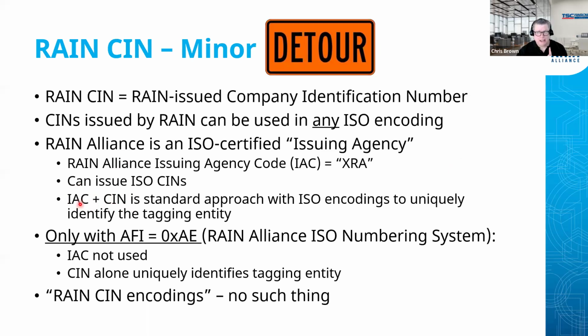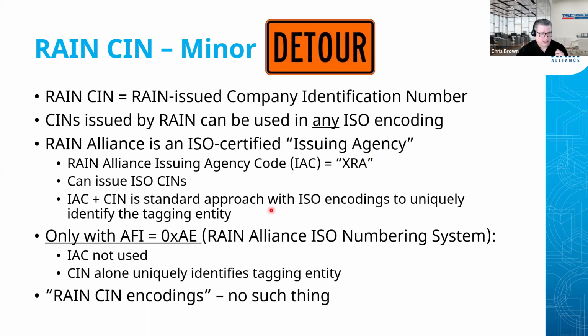But with the RAIN Alliance ISO numbering system, we have a bit of an exception. You do not need to put in the IAC for RAIN. By the way, the IAC for RAIN is XRA. If I was the automotive parts company and I was tagging my auto parts with ISO 17360 standard, I would need to put this in there somewhere.